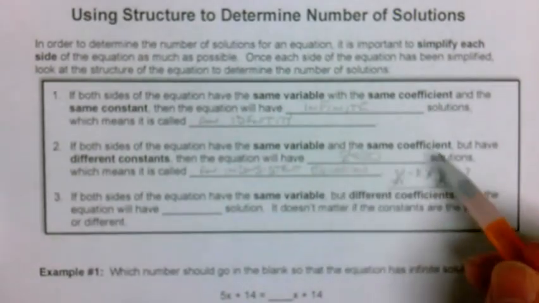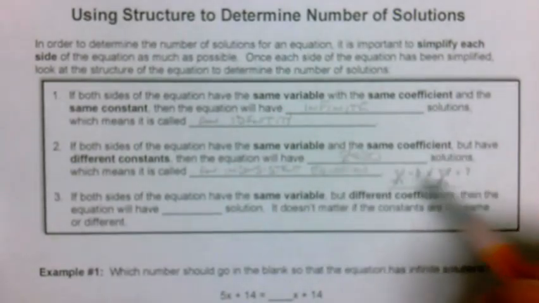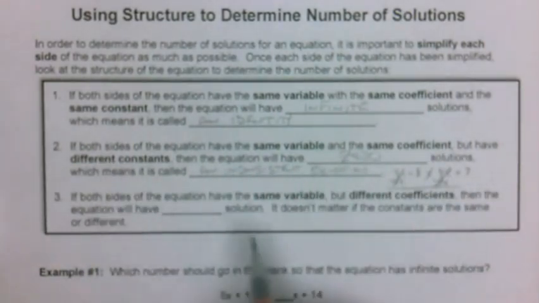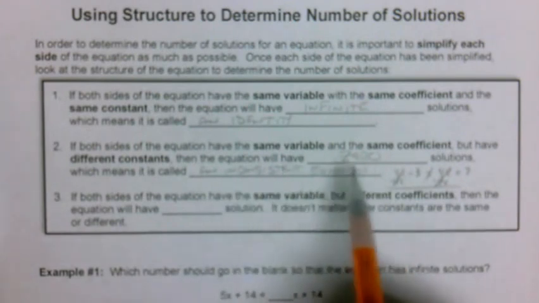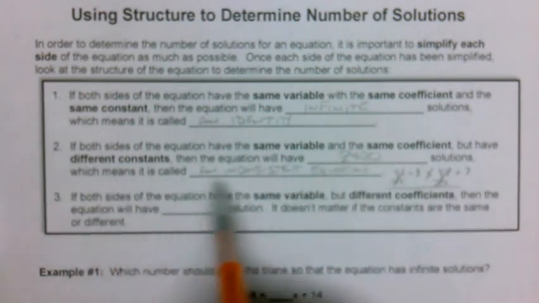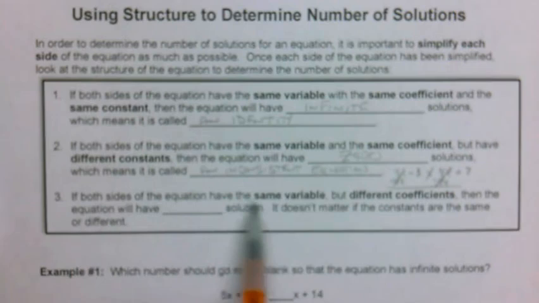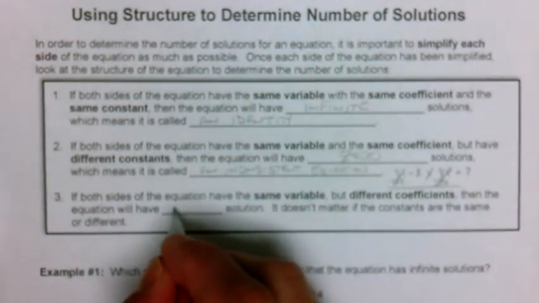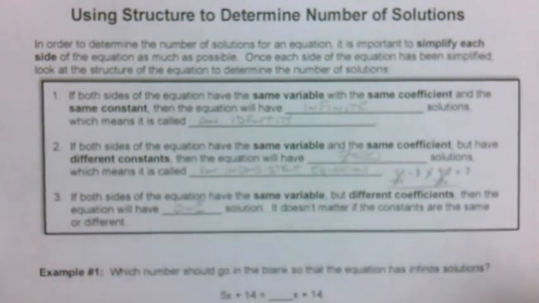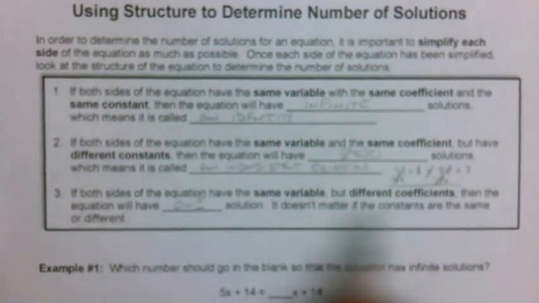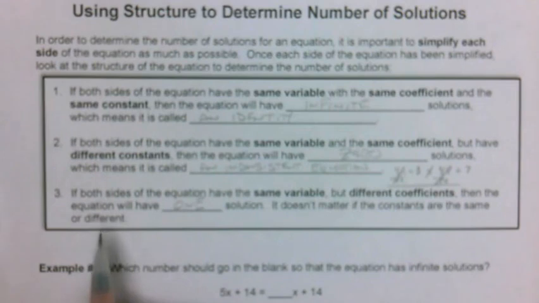So if the same variable and same coefficient are on both sides, but different constants are on both sides, then the equation will have zero solutions, which means it's called an inconsistent equation. After you simplify, if both sides of the equation have the same variable but different coefficients, then the equation will have one solution. It doesn't matter if the constants are the same or different.